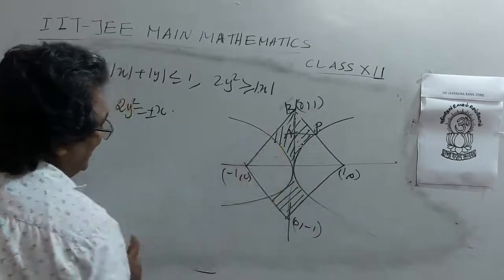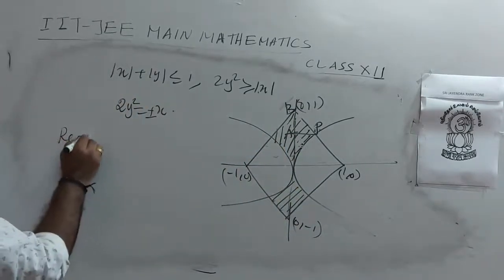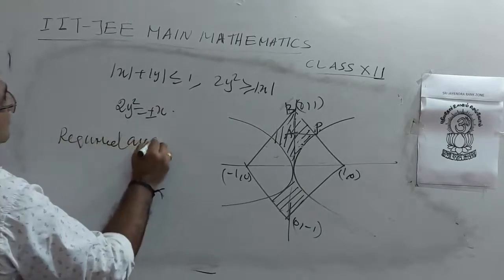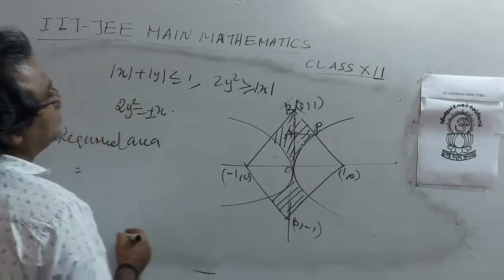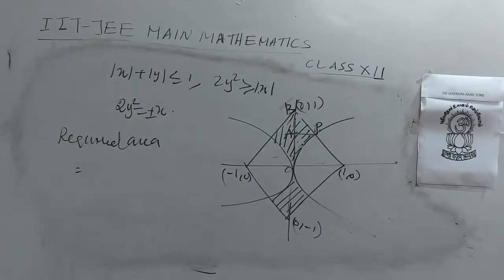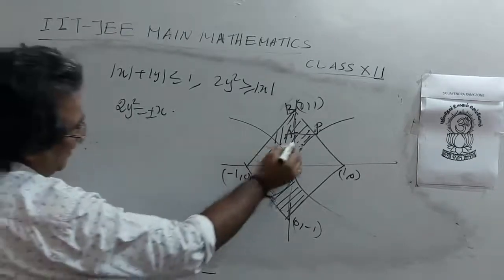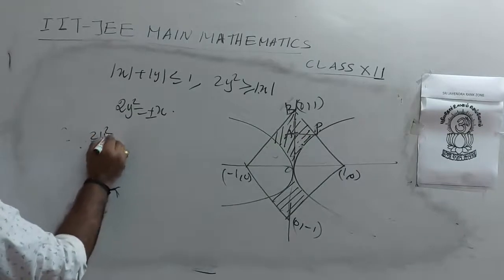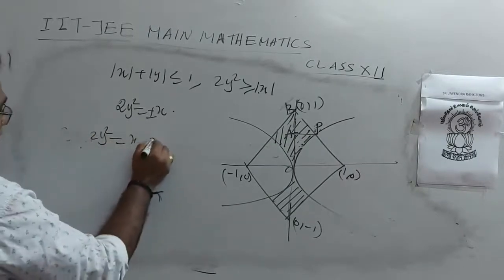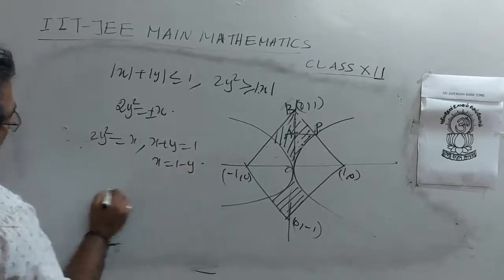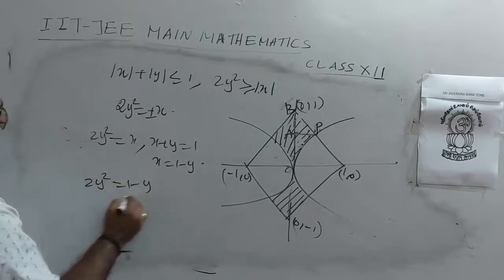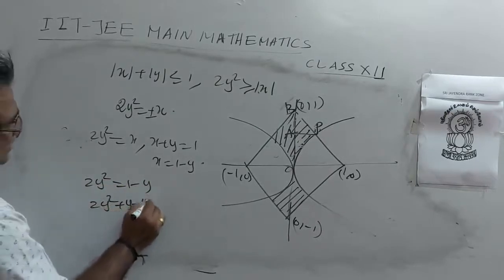All quadrants are symmetric, therefore required area equal to four times this one. First we need this point of intersection. 2y squared equal to x, x plus y equal to 1, x equal to 1 minus y, so 2y squared equal to 1 minus y, 2y squared plus y minus 1 equal 0.